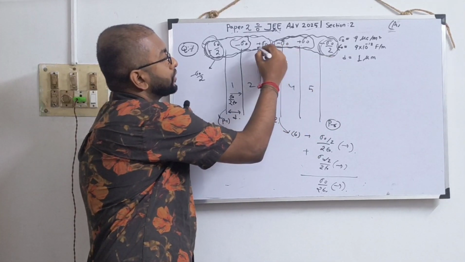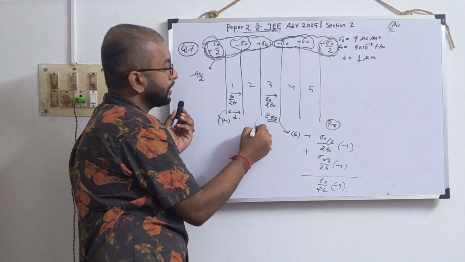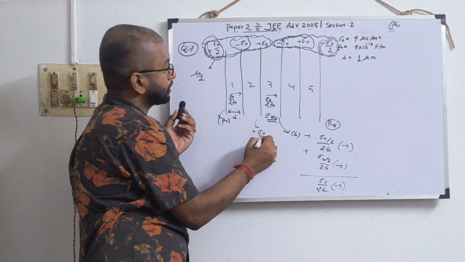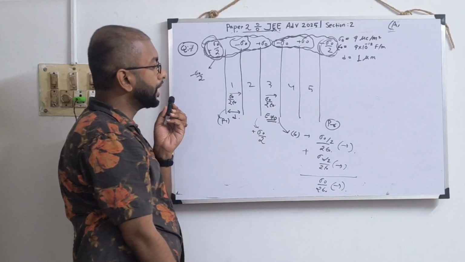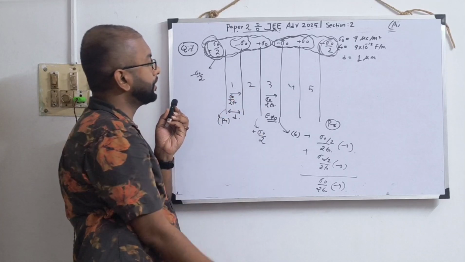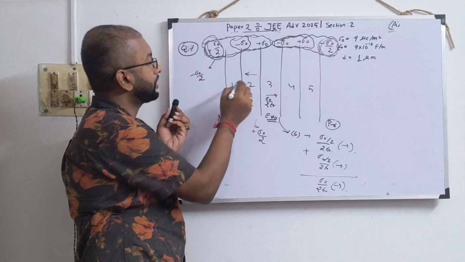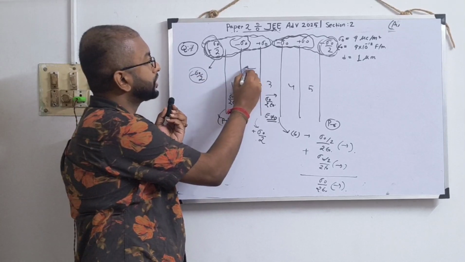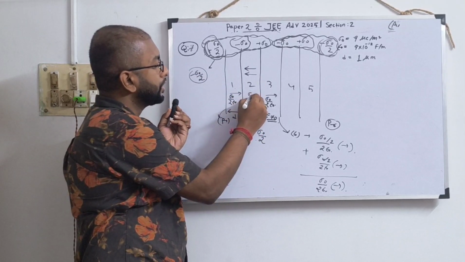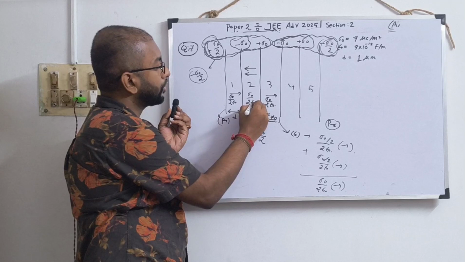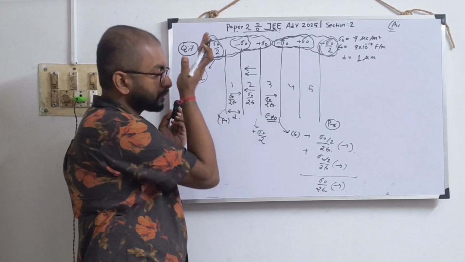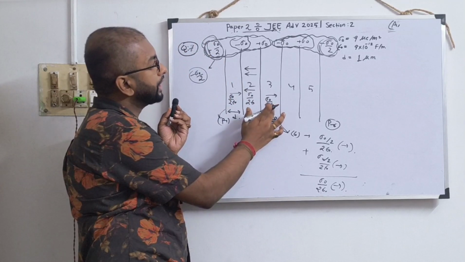So the net electric field at this point will be due to this one towards left, and for this one also towards left. So it is going to be sigma naught by 2 epsilon naught in total, towards left.